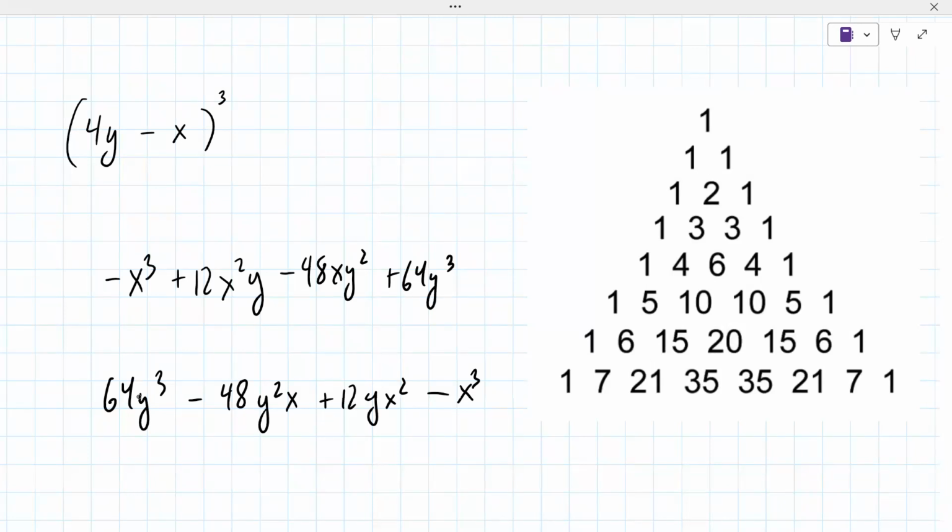The next one is a little more complicated. Let me share it in chat.